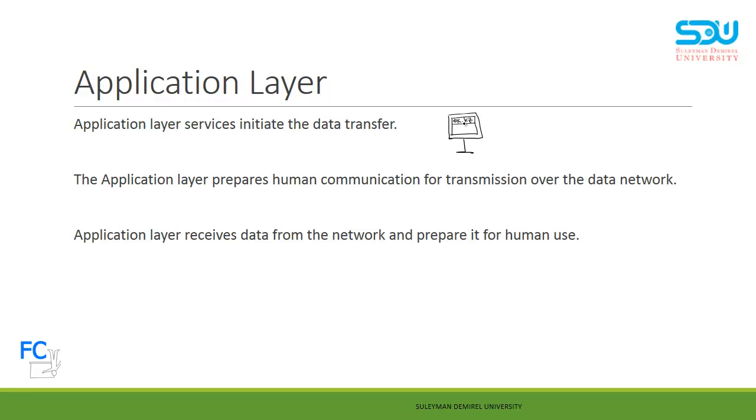So as this process, when you type it, actually it is your job. So you are beginning the communication, but afterward it's helping you with the process. And the application layer receives data from the network and prepares it for human use. For example, when you are making a request from the computer to the server, and this is, for example, this OKKZ server.